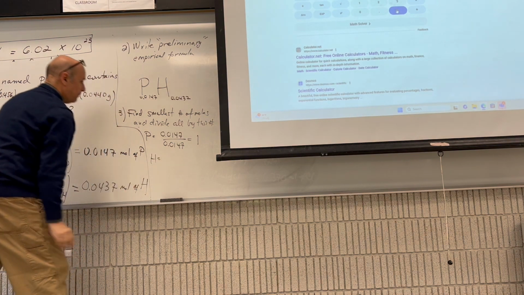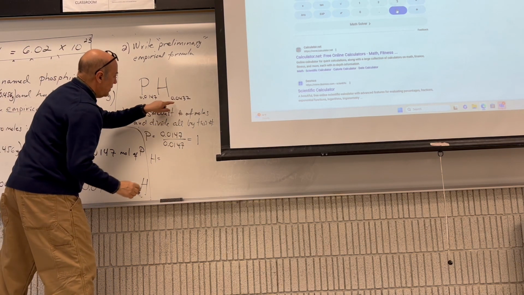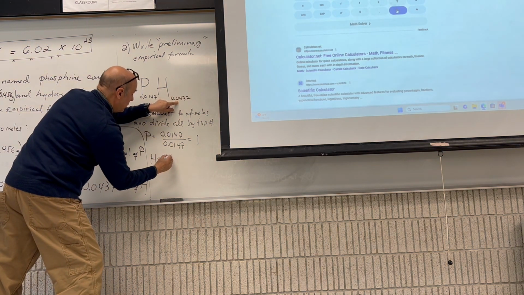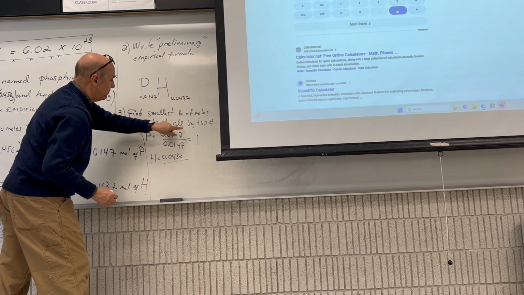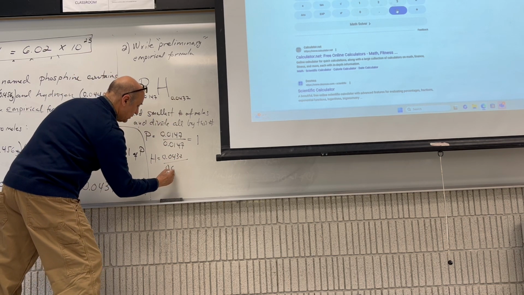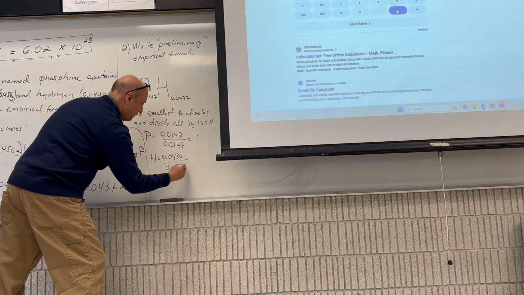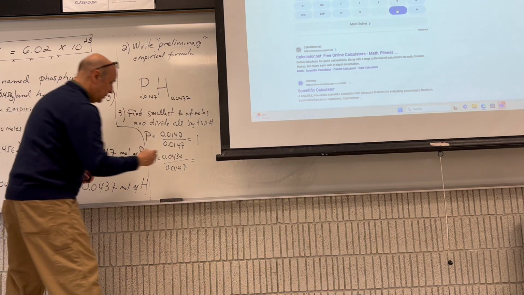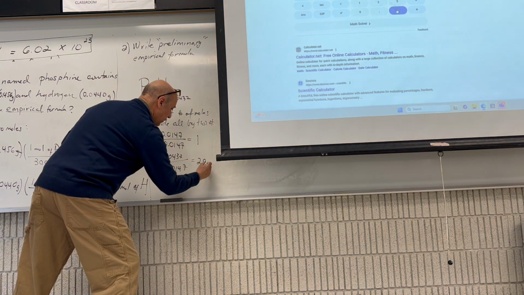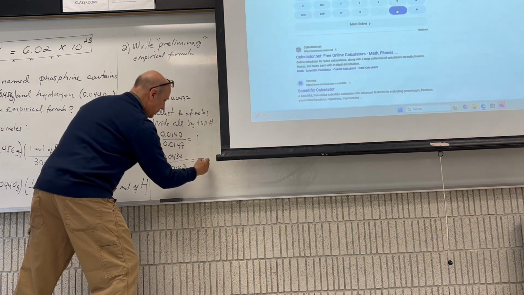For hydrogen, it's going to be this number, 0.0437, divided by the smaller number, 0.0147. That gives 2.9727.